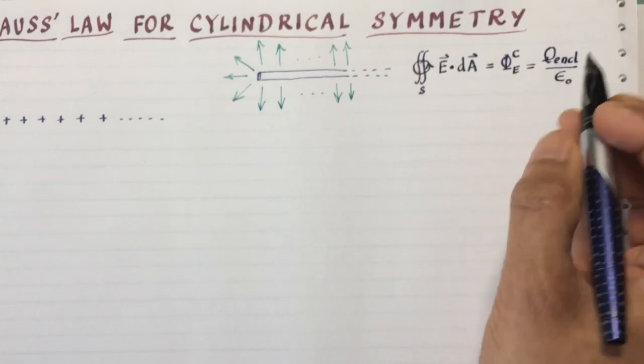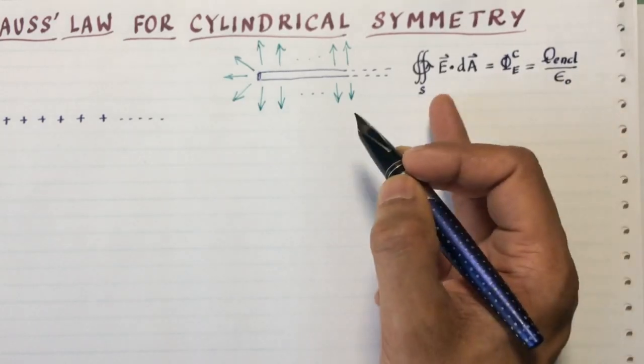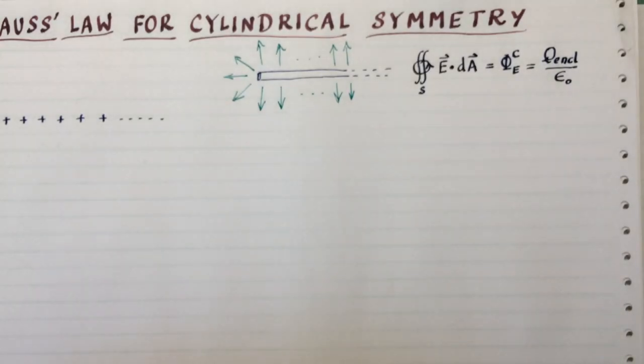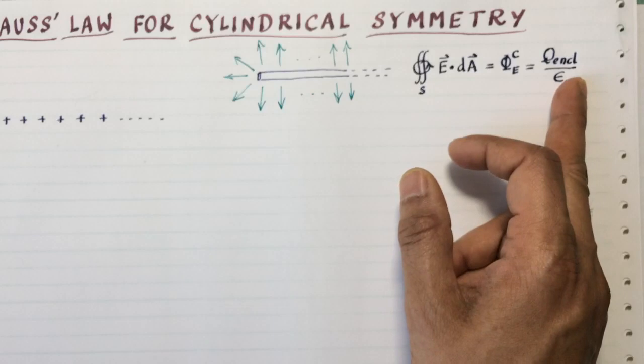Basically, Gauss's law says if you don't have a charge that's enclosed, then the flux must be zero. But if the flux is not zero, then there must be some net charge enclosed.